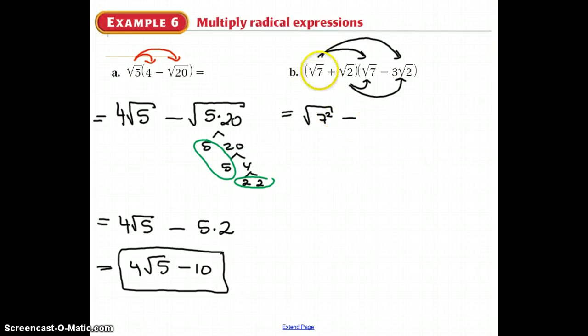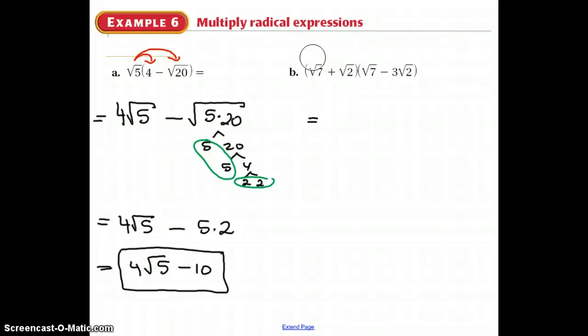minus, we have a square root of 7 times 3 radical 2, and actually what I'm going to do is color code this so it's easier to follow. Okay, so first I'm going to use my black color for radical 7 times radical 7, so I get 7 squared. Then I have square root of 7 times negative 3 root 2.